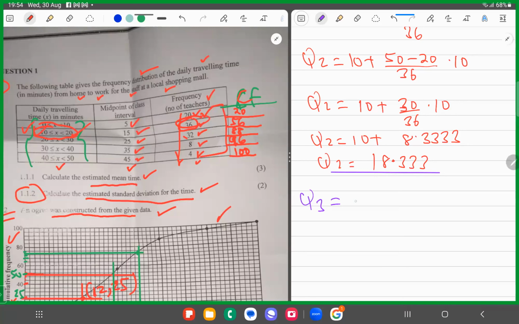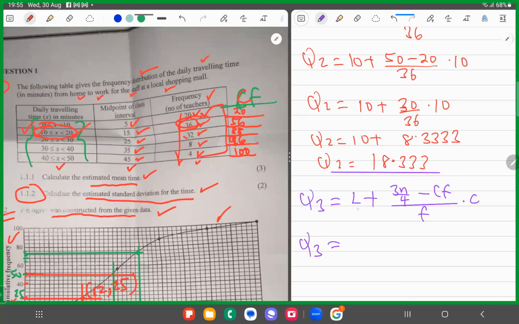So Q3 therefore is L plus 3n over 4 minus CF, the preceding frequency in the cumulative frequency column, and then frequency times the lower boundary point. So let's just do this one quite quickly.